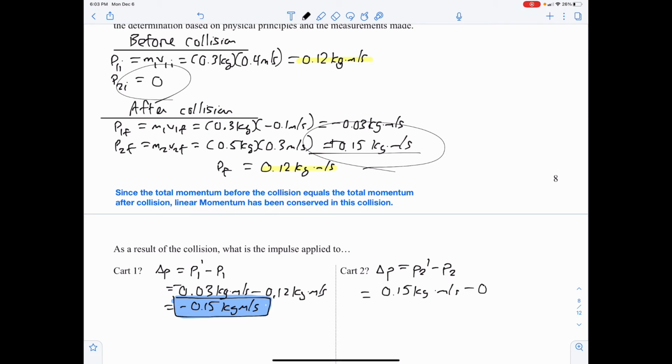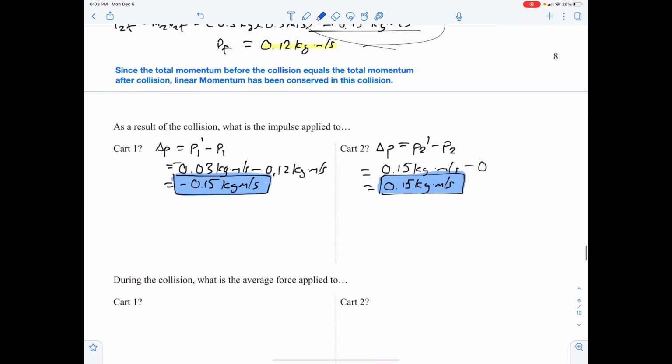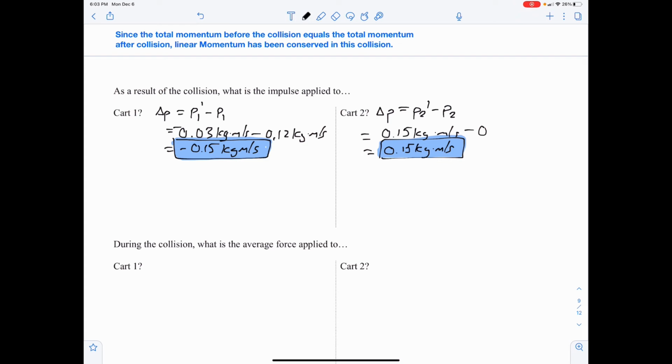That would be this. Which is, of course, 0.15. You can see that the impulses are equal and opposite to each other.